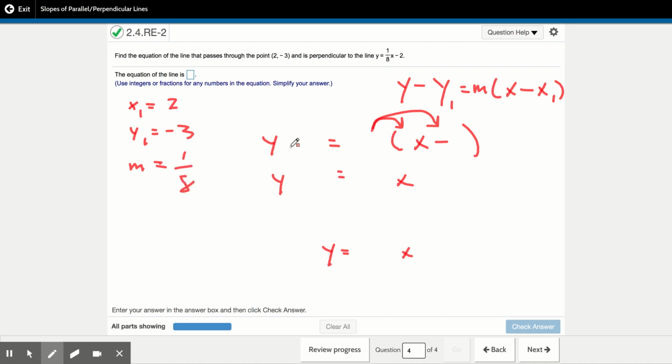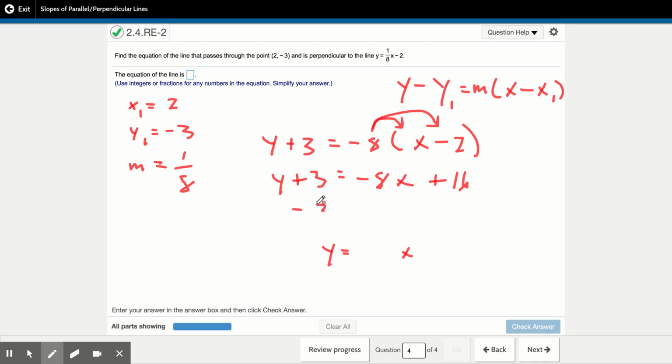Now I know that my y1 is negative, so I'm going to have a +3 here. My x1 is positive, so I just put a 2. And my slope here is 1/8. The negative reciprocal of 1/8 gives me -8. Then from there, I distribute my -8. So I have -8x plus 16, because -8 times -2 gives me +16.